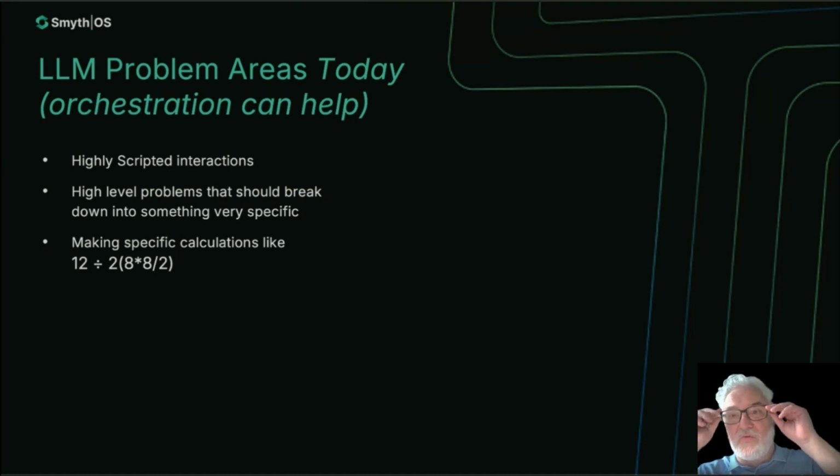For example, you cannot depend on an LLM to give you the answer to calculations that are not incredibly common. That's because the way that LLMs work, they don't actually do math. They do vectorization of content and then provide a probable next content. That is not math in and of itself.